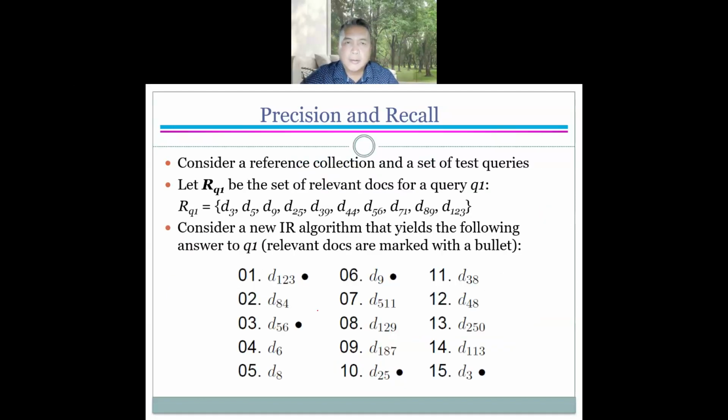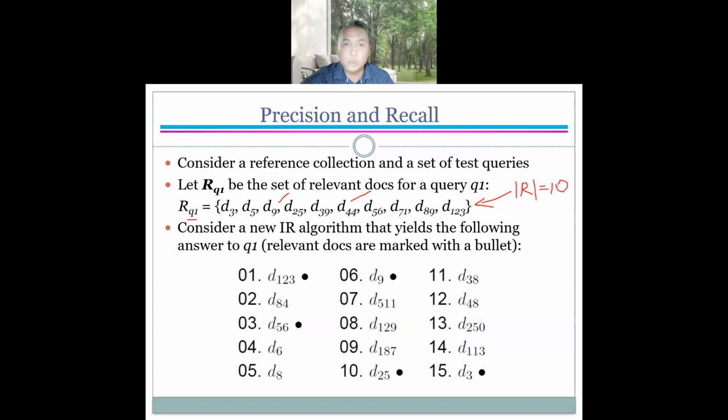Consider a reference collection and a set of test queries. For example, for query number 1, we have all these relevant documents. How many relevant documents do we have? We have 10. The magnitude of the relevant documents is 10.